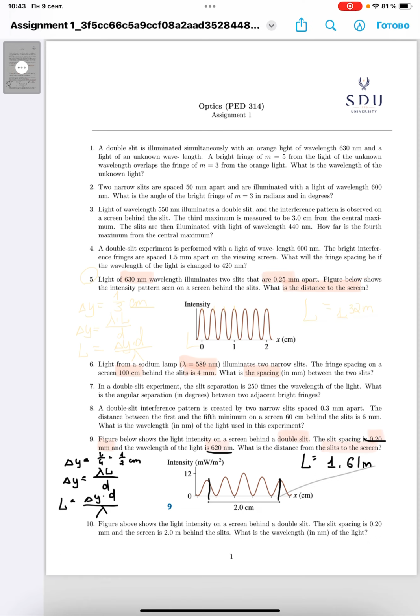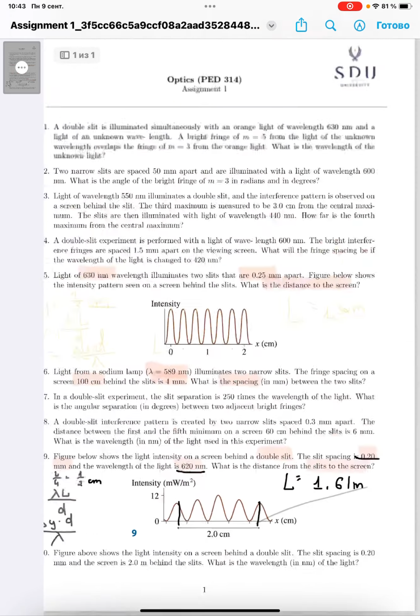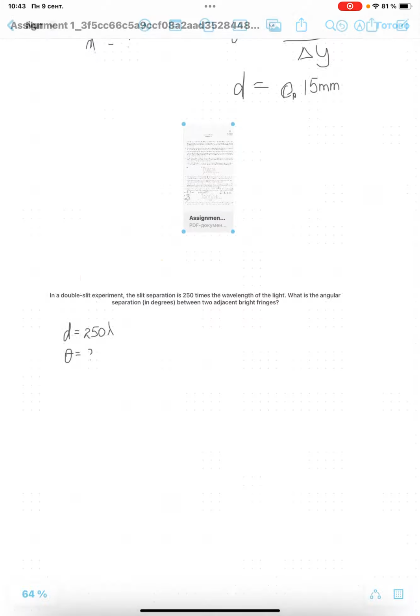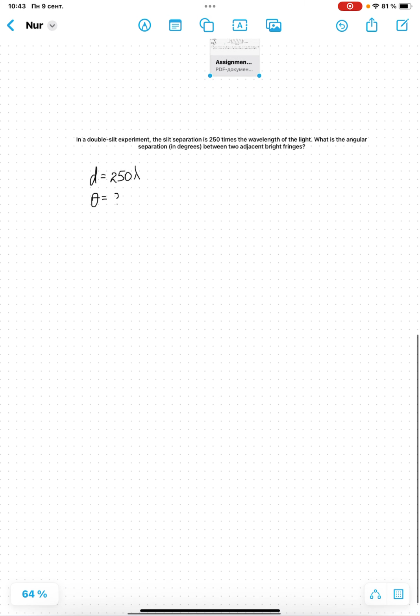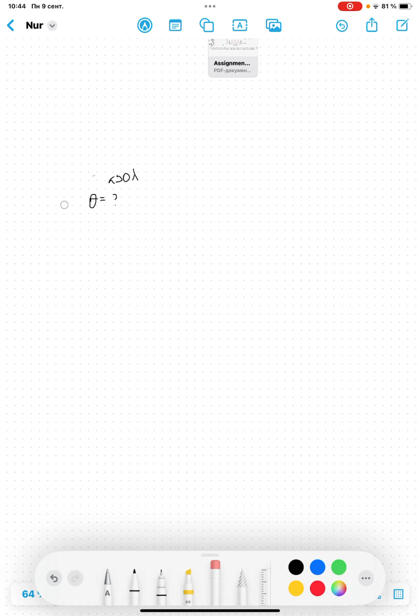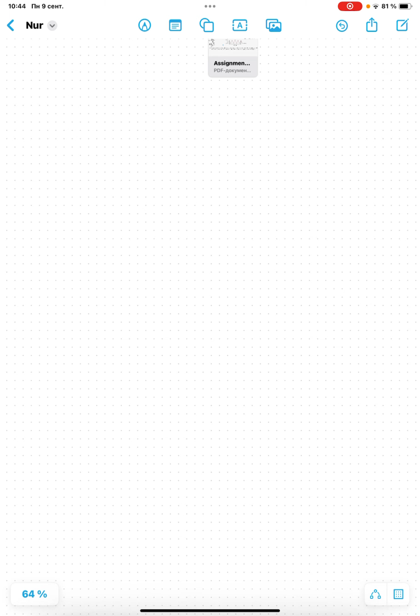It is number 10. The figure above shows the light intensity behind a double slit. The slit spacing is 0.20 millimeters and the screen is 2 meters away. Okay, I think that we'll need this figure also. Here, one figure for 2 exercises, and let's put here our exercise given.